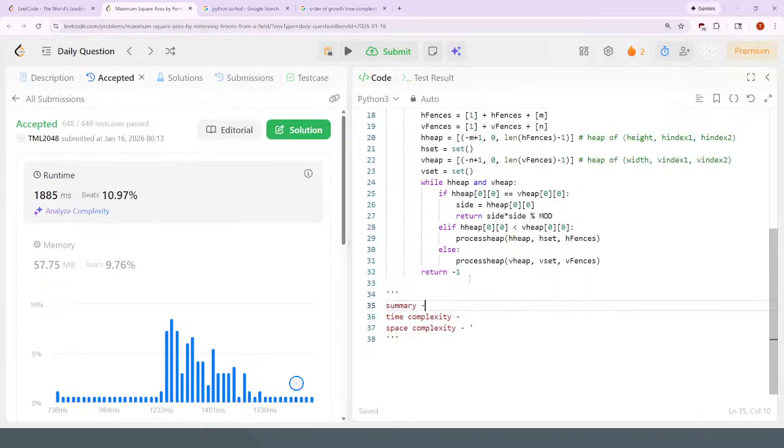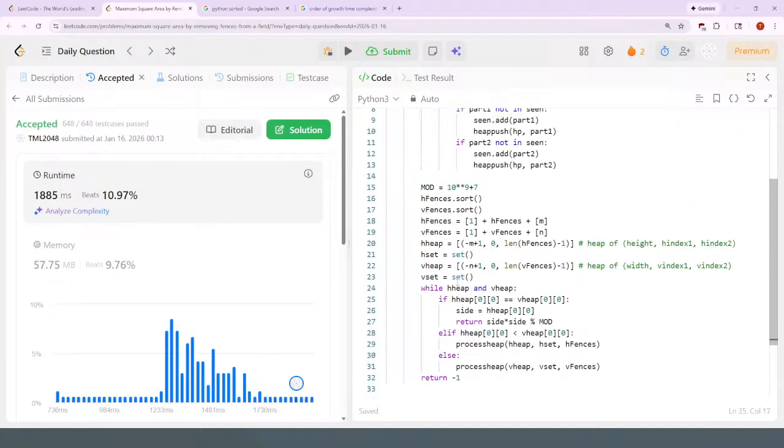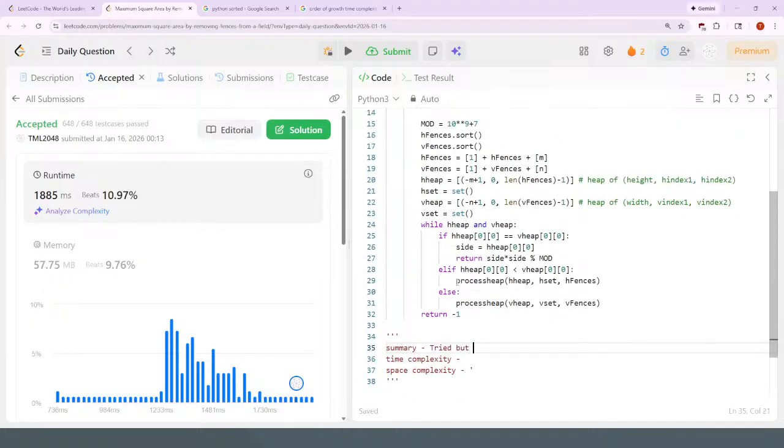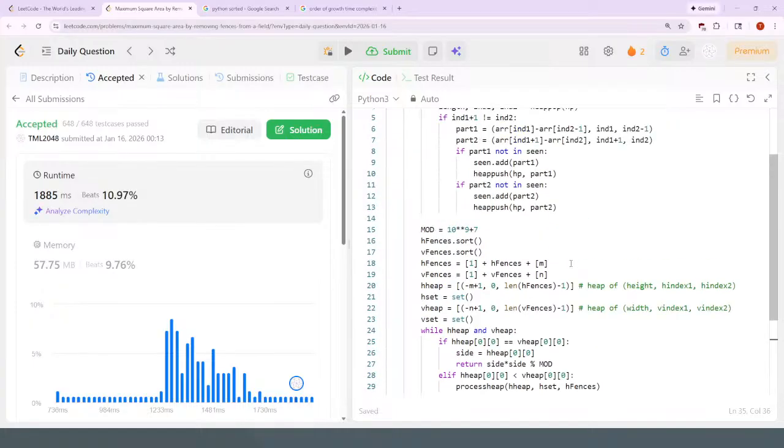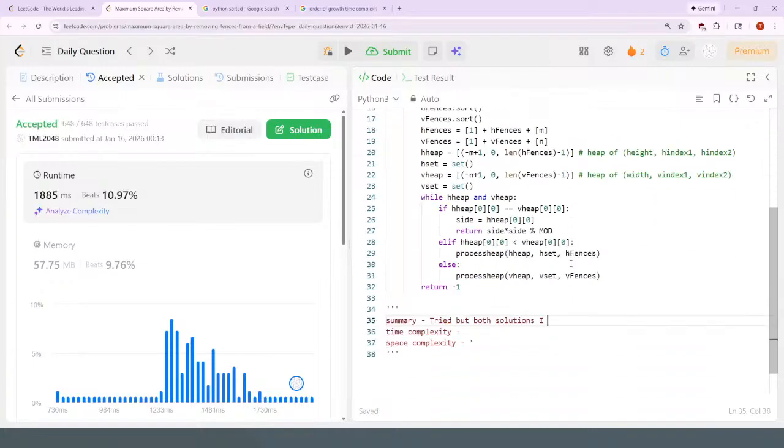Summary. Tried, but both solutions I arrived at were relatively inefficient.